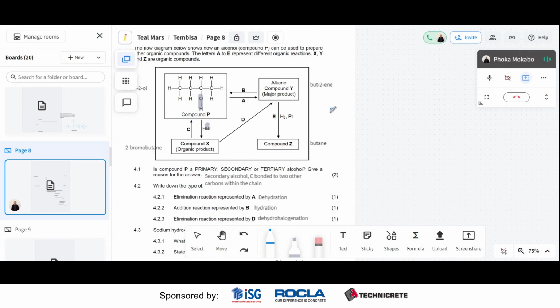Write that a bit nicer. And this would be your double bond with H's stemming in all directions.